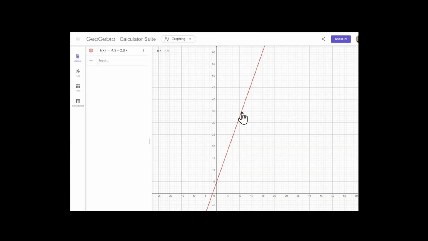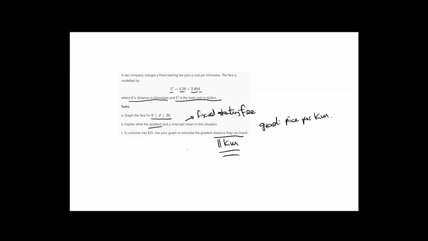We're going to go across there, and that's going to be at about 11 kilometres. If we were to do that algebraically, it would be 35 equals 4.50 plus 2.8D, and we would solve that for D.